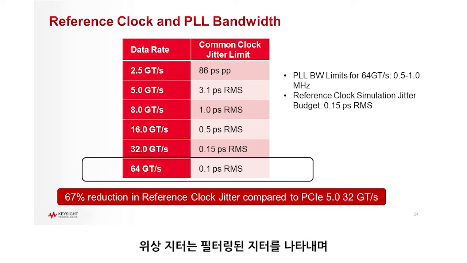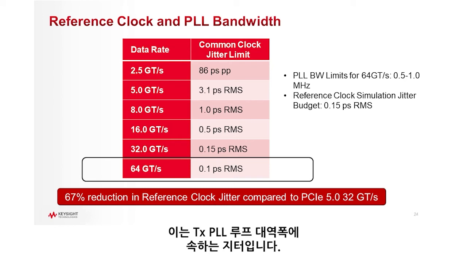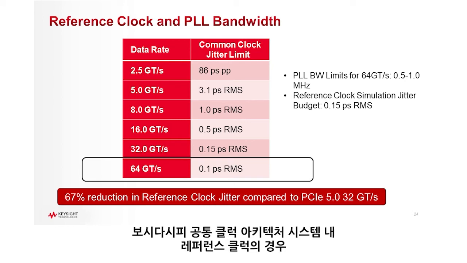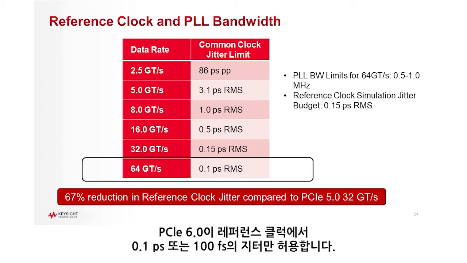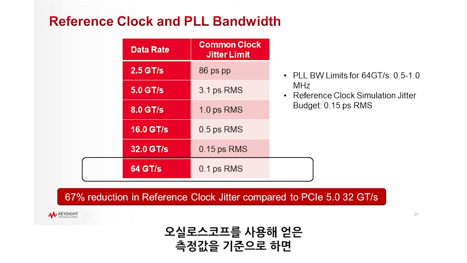Phase jitter represents filtered jitter, which is jitter that falls within the TX PLL loop bandwidth. For reference clocks in the system for common clock architectures, PCI Express 6.0 allows only 0.1 picoseconds, or 100 femtoseconds, of jitter on the reference clock.